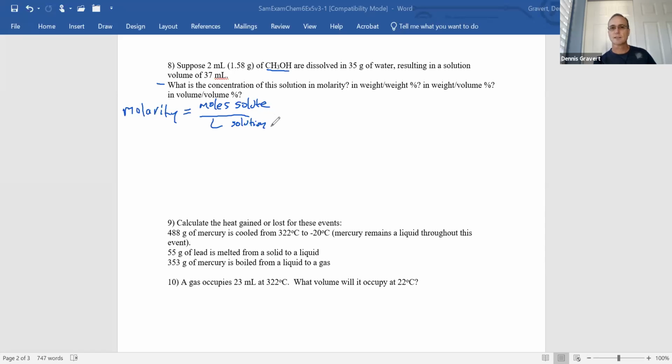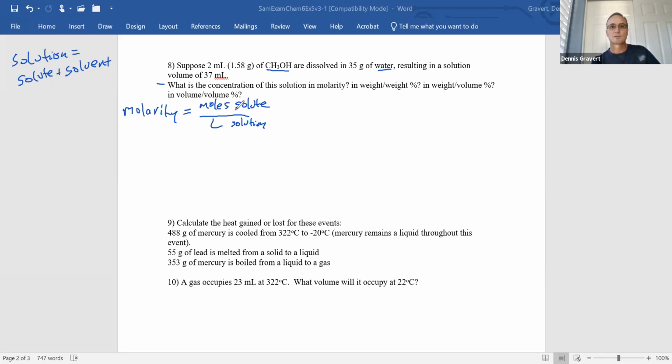The solvent. So the solution is a solute being dissolved plus a solvent, the compound that we have the greatest amount of, and it's usually a liquid. Turns out this is a liquid, but you didn't need to know that. We got 35 grams of this and only 1.5 grams. Water's the solvent. So there we go.